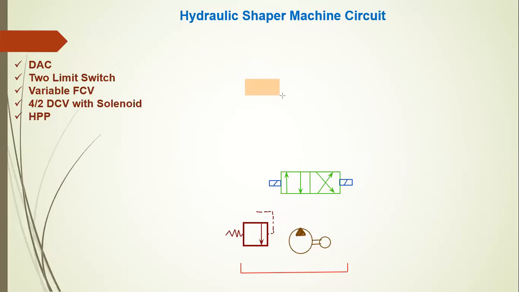Here, this is the jaw or ram. Here the jaw is attached, and these jaws are connected with a hand wheel because it gives the motion as per the requirement.